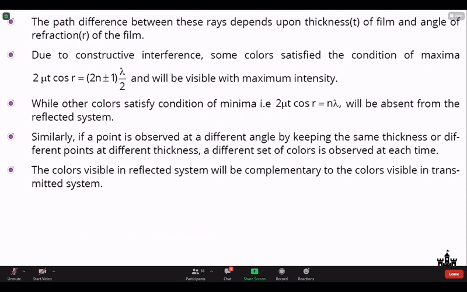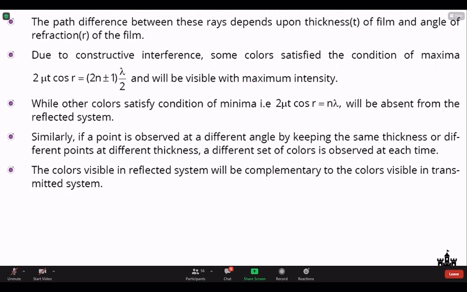Wherever you see bright colors with maximum intensity, the rays there follow the condition 2 mu t cosine r equal to 2n plus or minus 1 lambda by 2, so they will be visible with the maximum intensity.